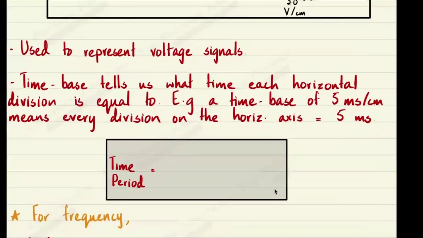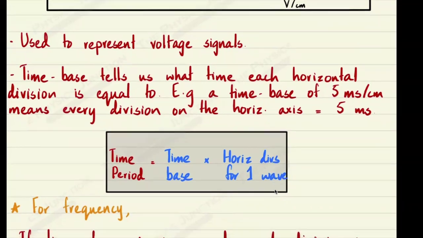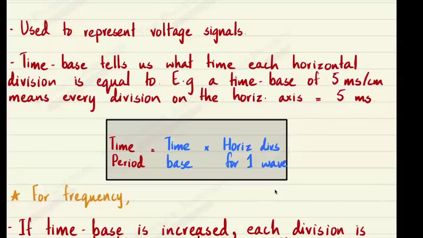So the way I write this formula is that the time period is the time base, or what is also called the time base setting, multiplied by the horizontal divisions that correspond to one wave. And we'll be doing an example shortly, so all of your doubts would be cleared. And for frequency, obviously, if I have the time period, I can just use this formula that I saw way back when we were talking about waves.